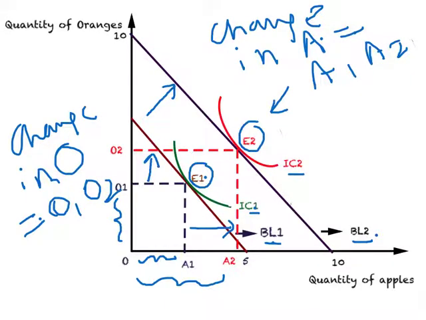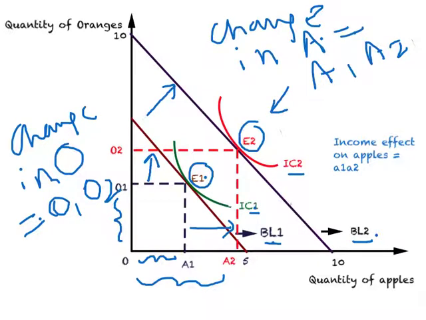Now, change in consumption of apples because of increase in real income and no change in price ratio is referred to as the income effect on what? On apples. So let me write this down. Income effect on apples. And how much is that? That is A1, A2.